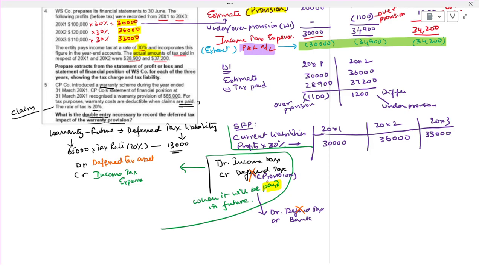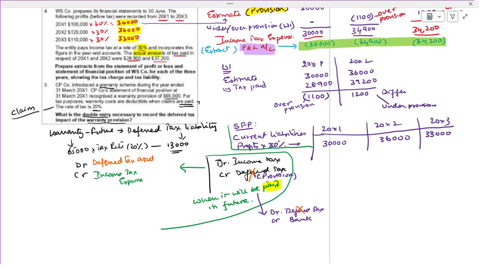What is the concept of warranty? It may or it may not be claimed. If it is not claimed, the amount will be yours. If it is claimed, then you have to pay.